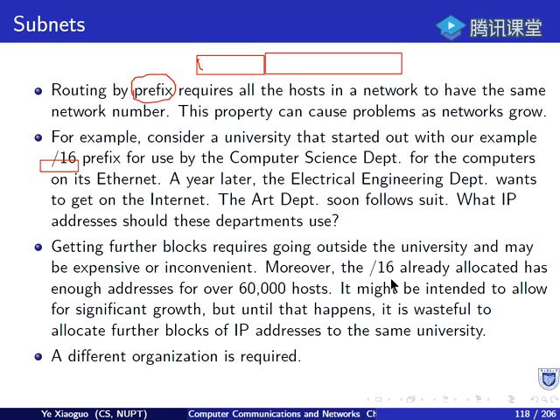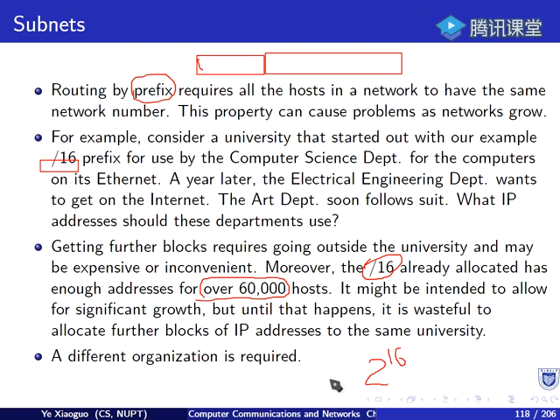Moreover, the /16 already allocated has enough addresses for over 60,000 hosts. Why? Because with /16, the length of the host portion is 16.